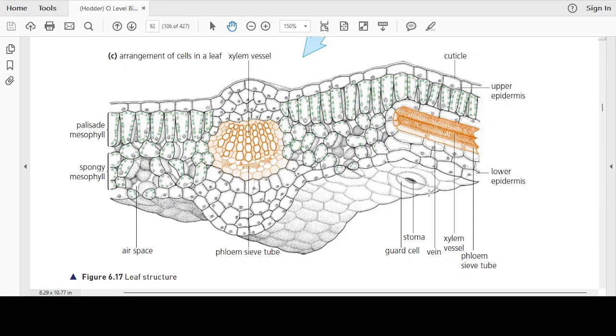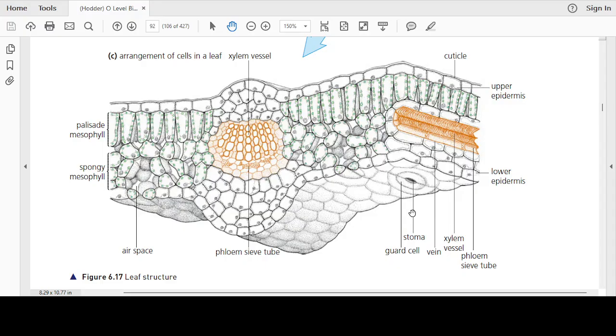And in the lower epidermis, you've got what are called guard cells. So you can see over here, if you notice, you've got these two semicircular cells. So that's not one whole thing. This semicircle and this other semicircle, right? These are two guard cells.